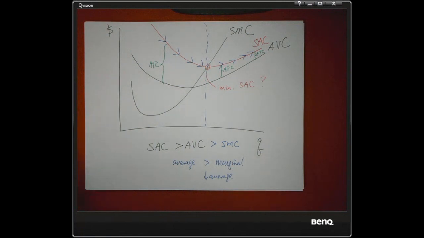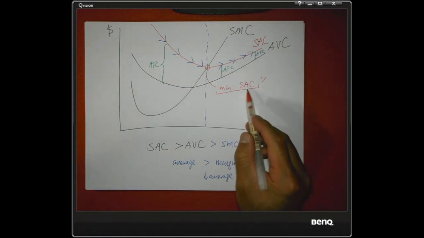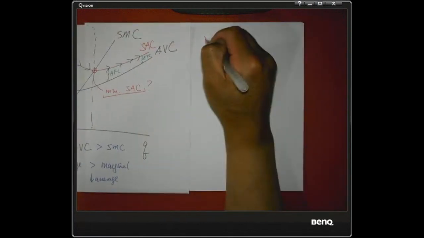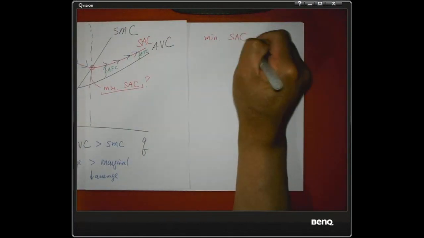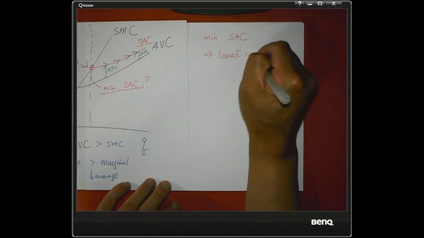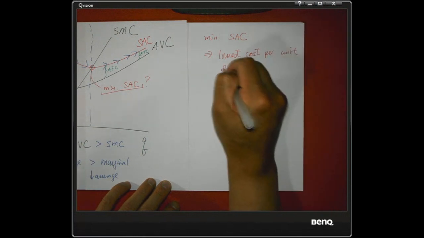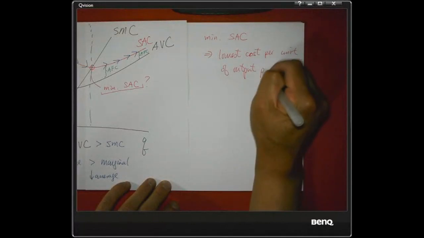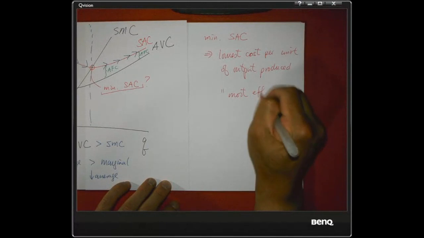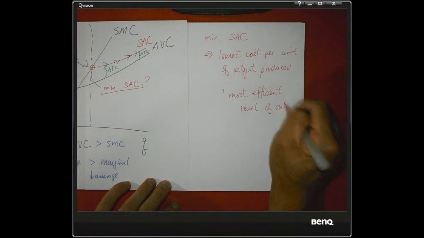And now, what does the minimum short-run average cost mean? The minimum short-run average cost tells us this is the lowest cost per unit of output produced, i.e., the most efficient level of output.